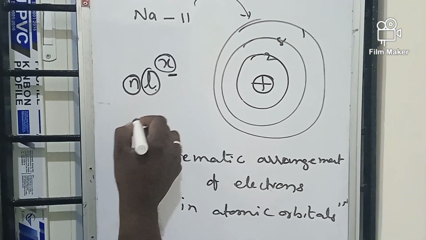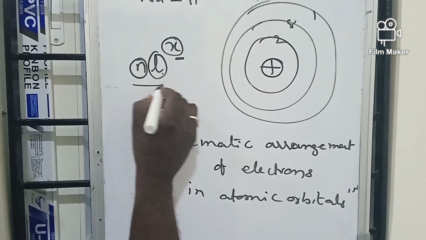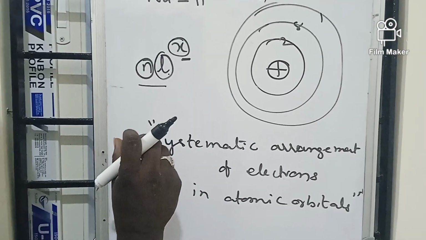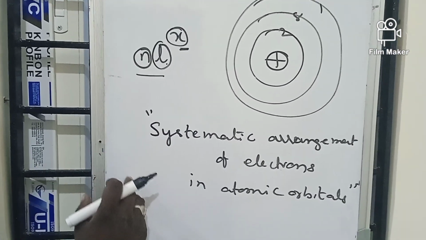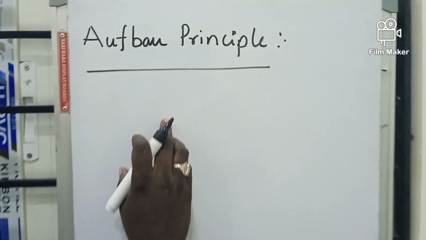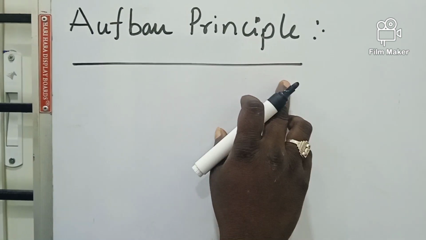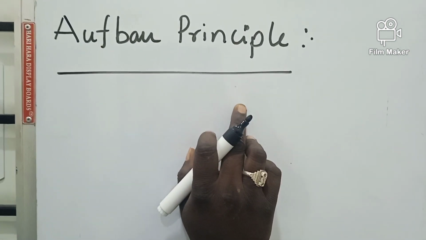So next, for writing this electronic configuration in this nlx form, we need three rules and three principles. Let us discuss the three principles. The first principle to write electronic configuration is the Aufbau principle.